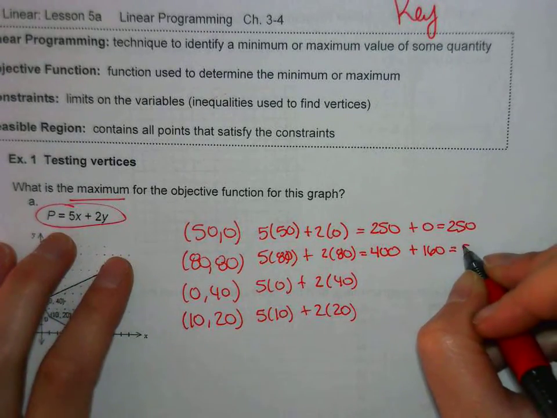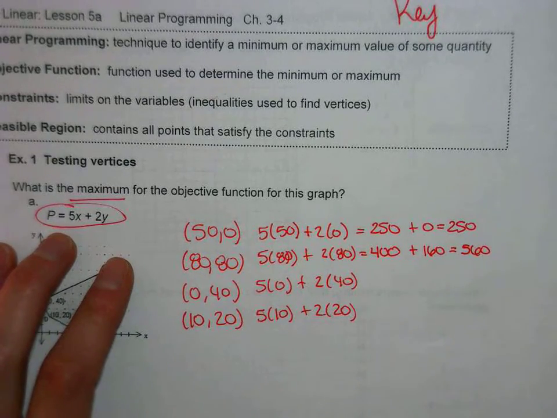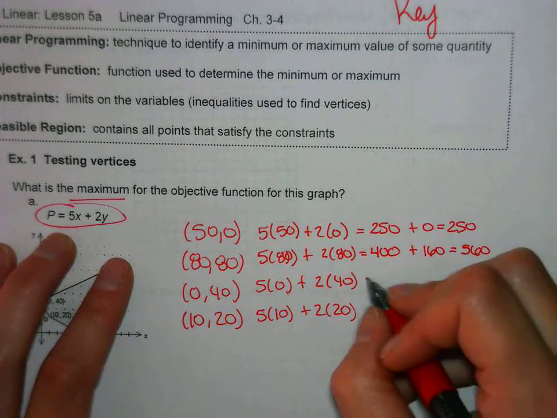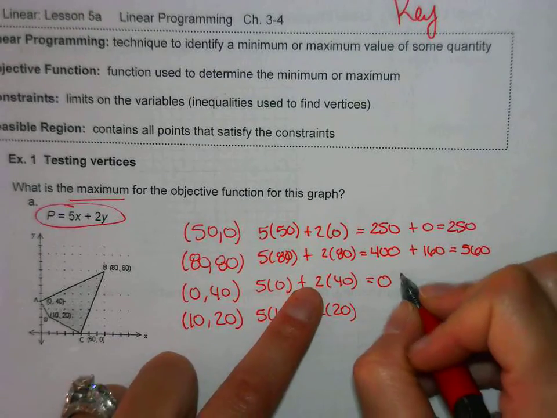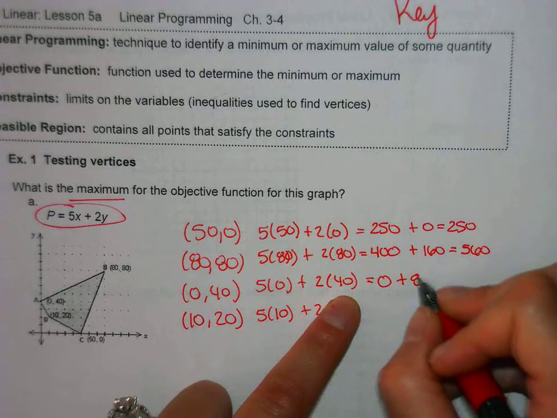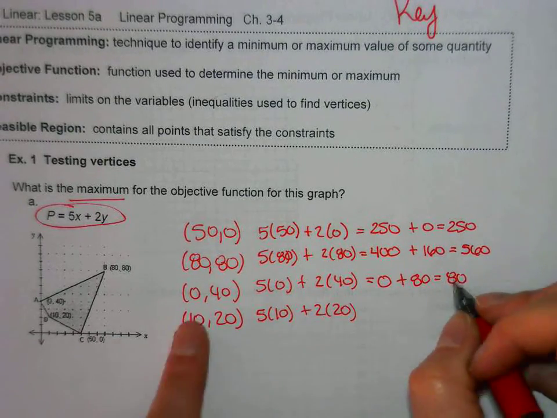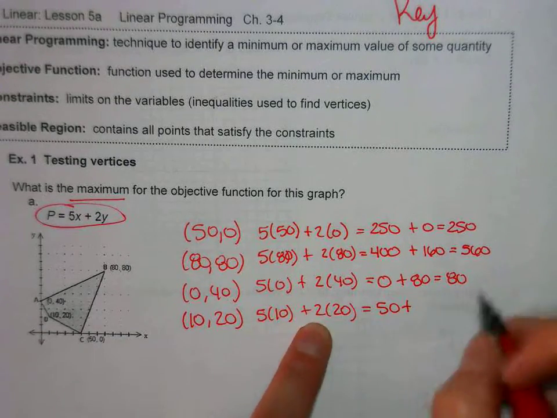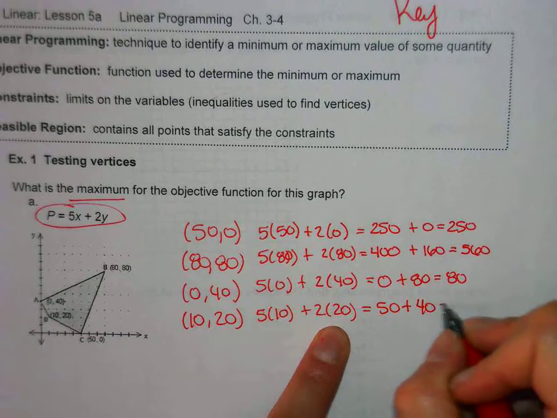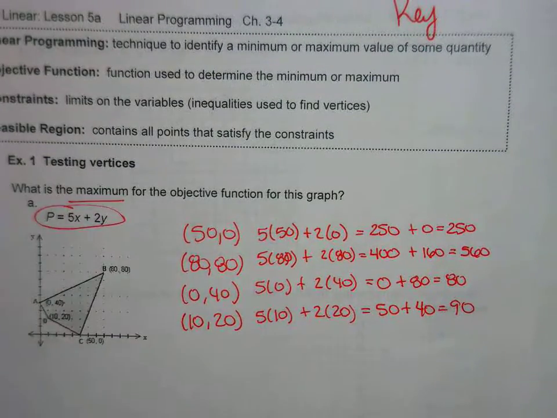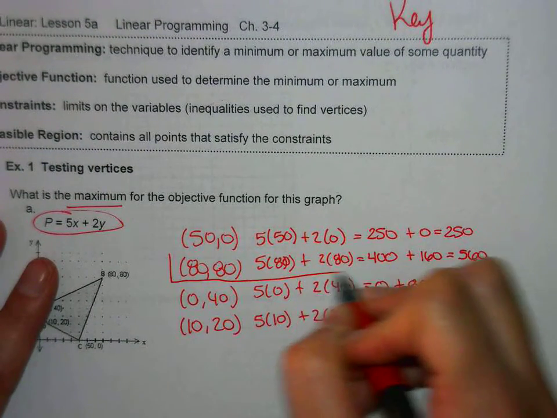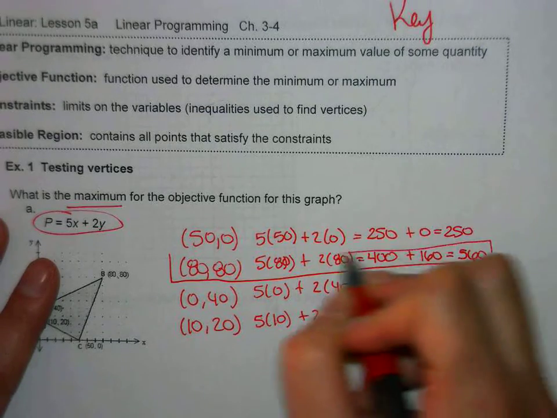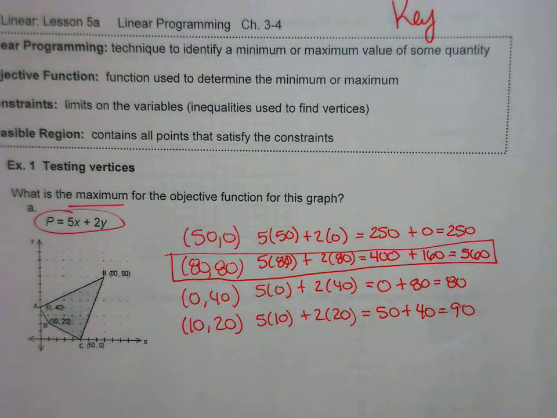So if we add 400 plus 160, it's 560. 5 times 0 is 0. 2 times 40 is 80. 5 times 10 is 50, plus 2 times 20 is 40. So the one that maximizes the vertex is 80, 80, and the maximum value is 560.